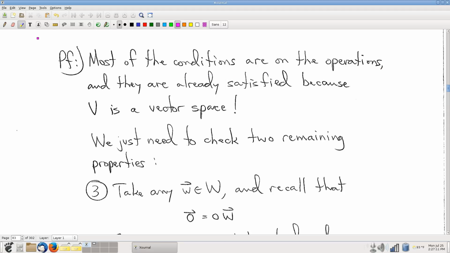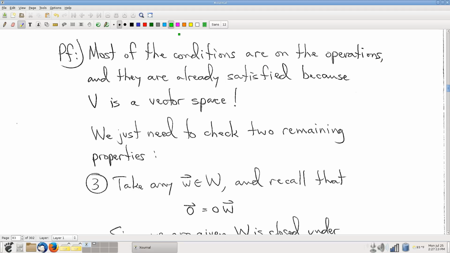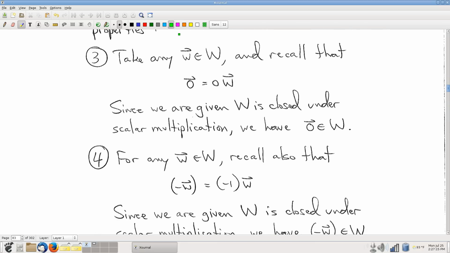And there are only 2 exceptions. The 2 exceptions are properties 3 and 4. Property 3: we need to show that there is an additive identity. We need to show that the 0 vector in particular must be in W, and this is an immediate consequence of W being closed under scalar multiplication.